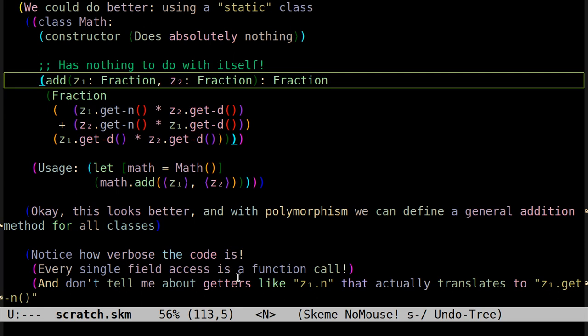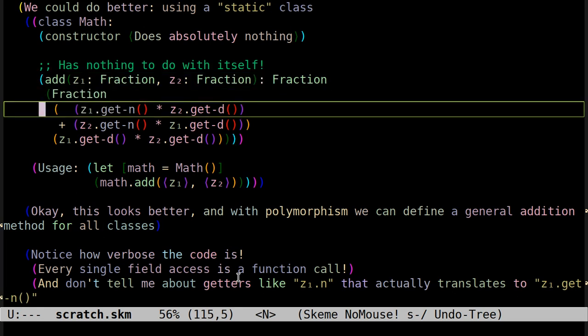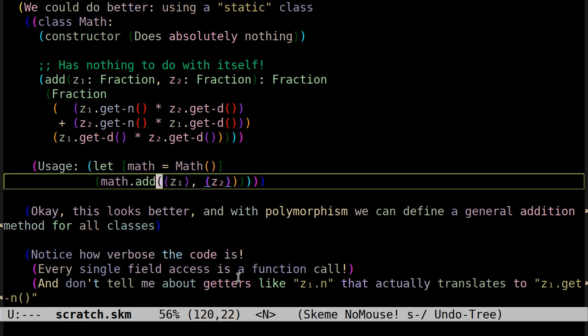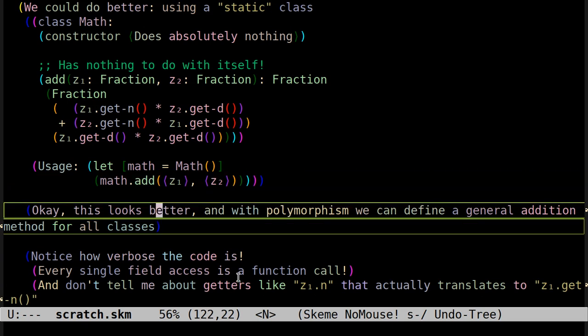It only has something to do with fractions. So the usage looks a little bit cleaner, we have let math equal Math, then we use it right here. Okay, it looks better, and with polymorphism we can define a general addition method for all classes, so that's good.